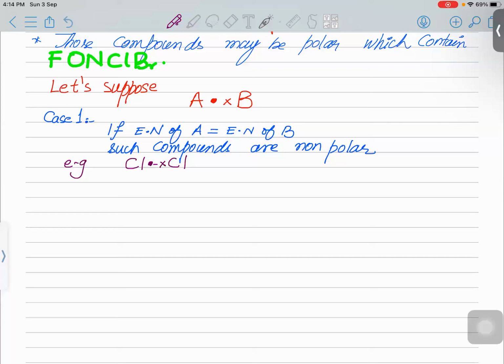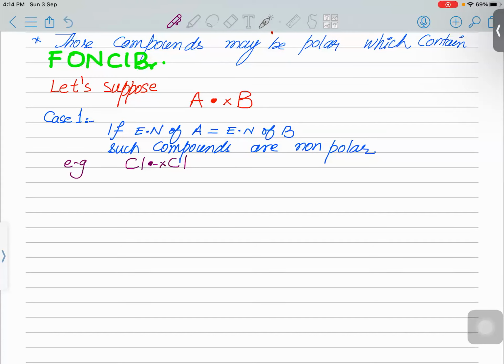Why is it non-polar? Because chlorine has same electronegativity.